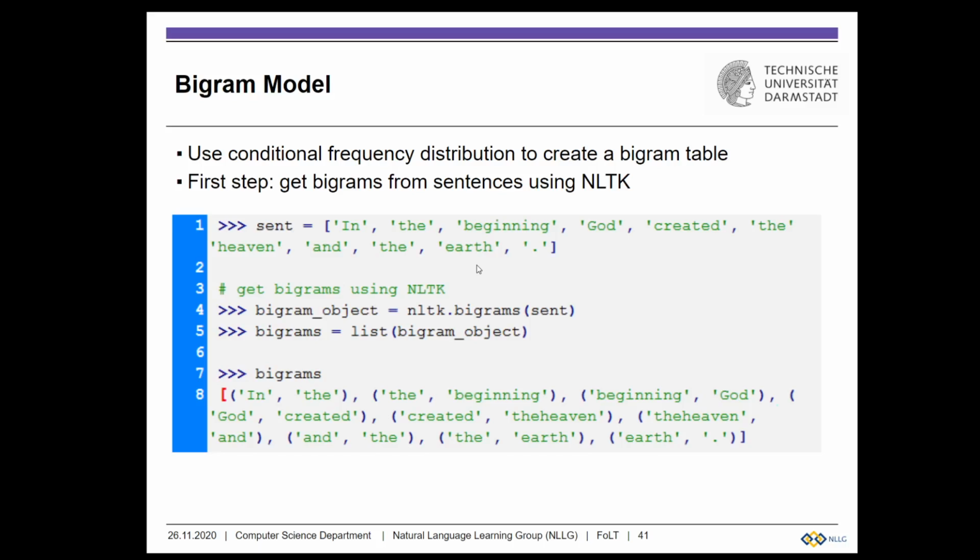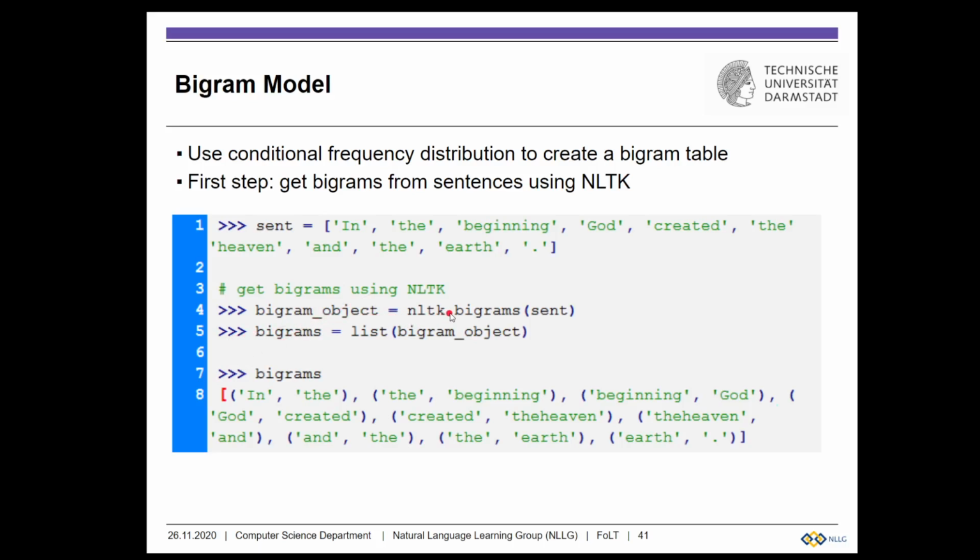And now the second question is, how do we implement it in NLTK? Well, we can implement it using this frequency distribution, or this conditional frequency distribution that we've just seen, this conditional frequency table. Okay, but let's start by way of illustration. Let's say we have this sentence: in the beginning God created the heaven and the earth. Okay, so this is our text.